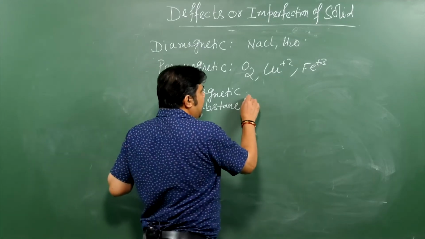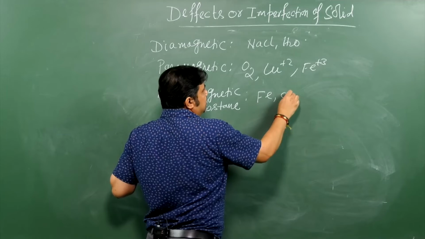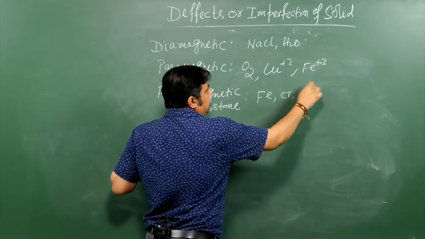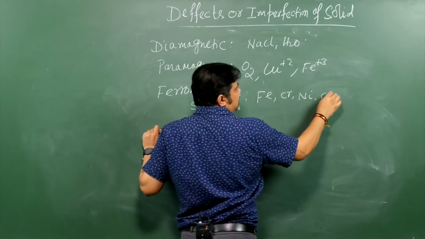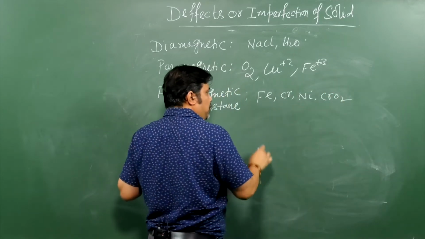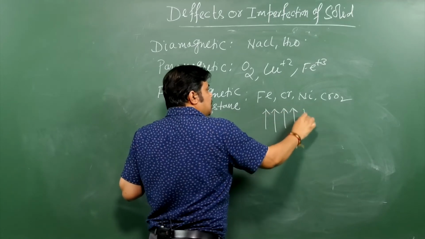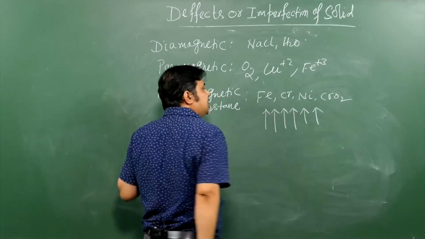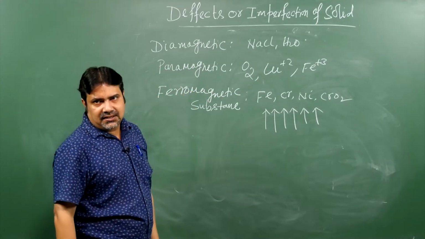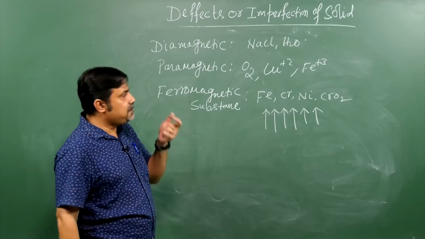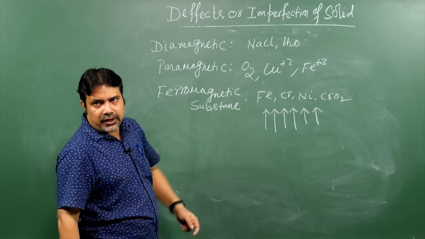Examples are iron, chromium, nickel, and chromium oxide. That means when we apply the external magnetic field, their small domains will orient along the external magnetic field. This is a ferromagnetic substance. A permanent magnet can be created here.